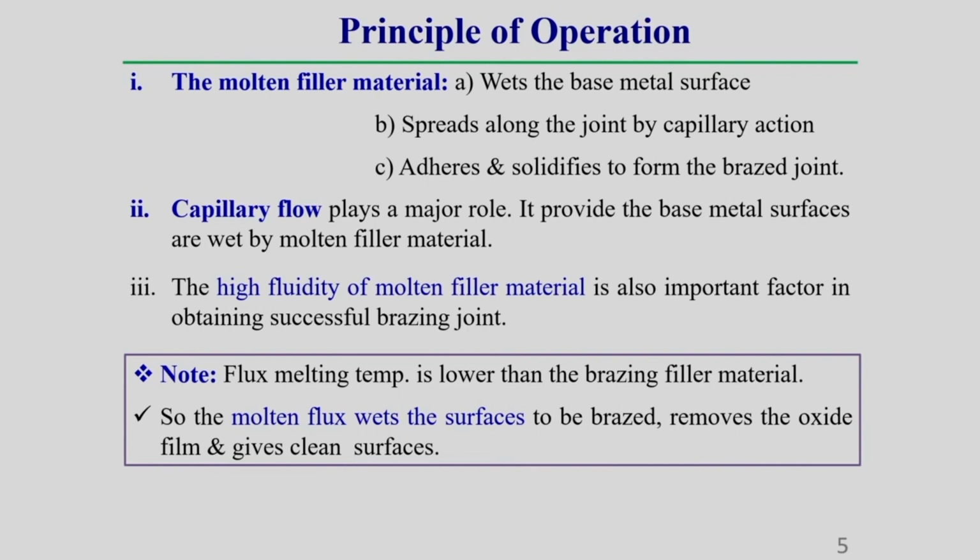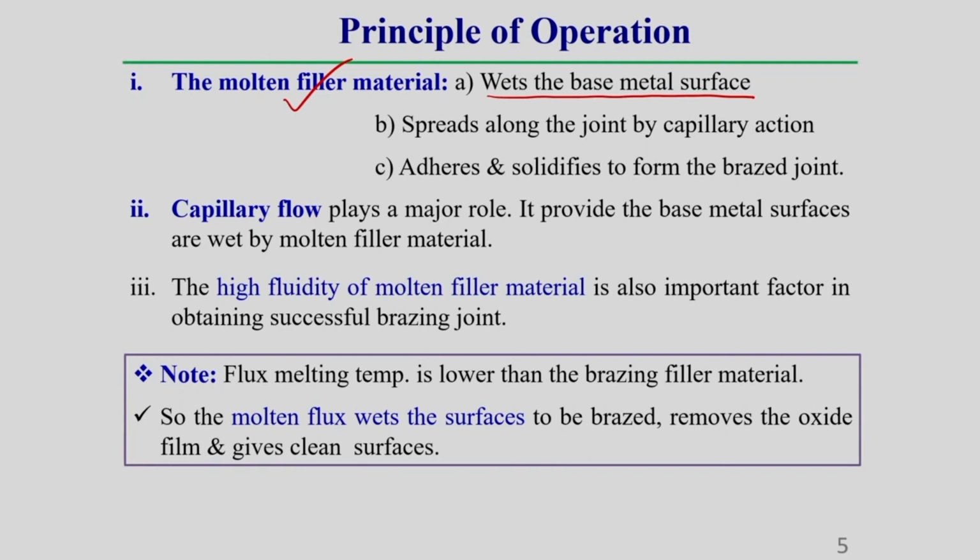So first of all, the molten filler material should have the following properties: it should wet the base material surface. Whatever base material we are using should be wetted by the molten filler wire. That means whatever wire we are using as a filler wire, on melting, should wet the surface of the base material.